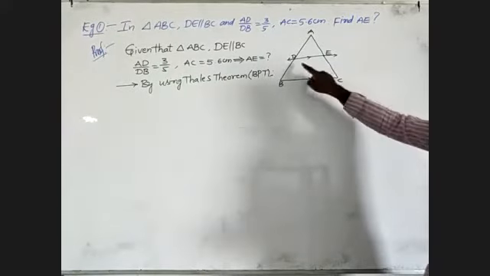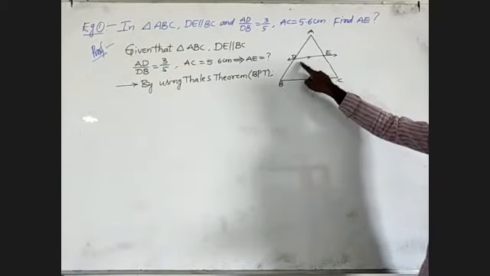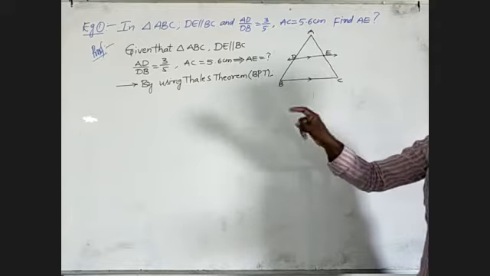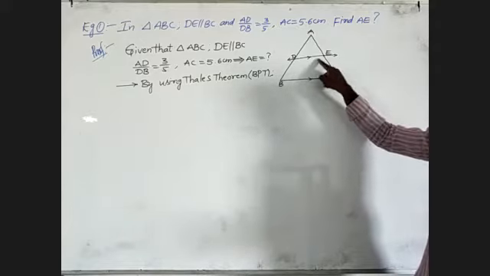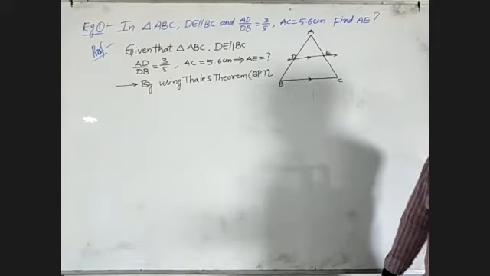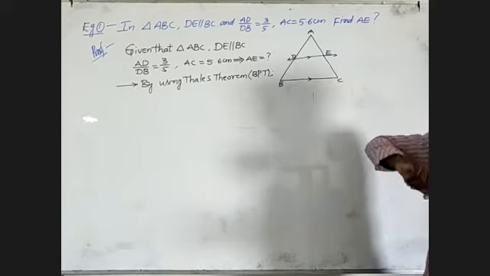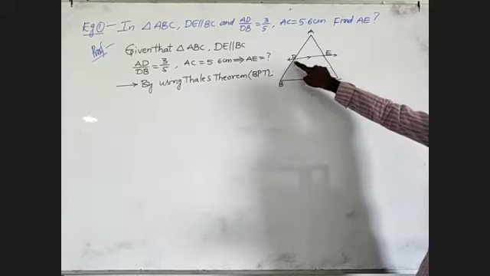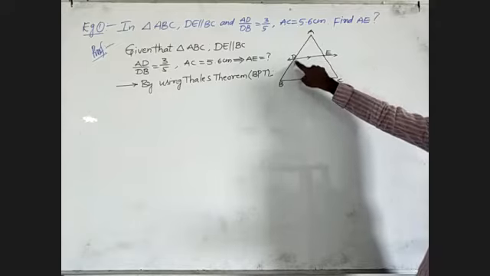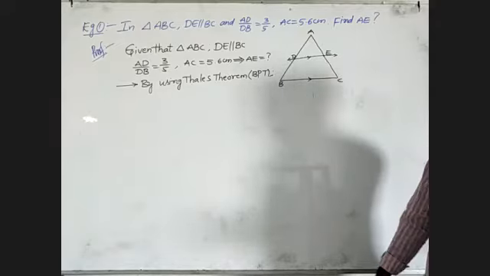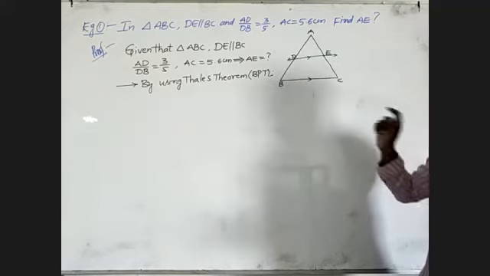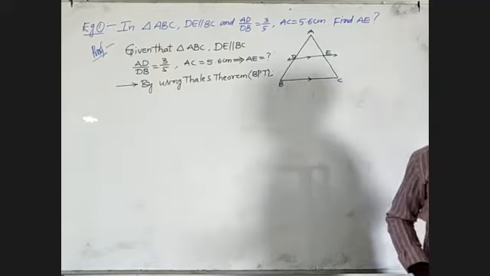If a line is drawn parallel to one side of a triangle to intersect the other two sides in distinct points, that is the distinct points we take D and E, then the remaining two sides are divided in the same ratio. Once again I will explain that one.